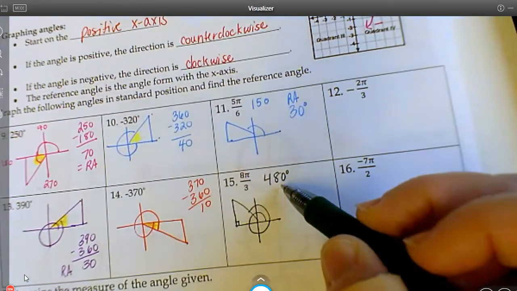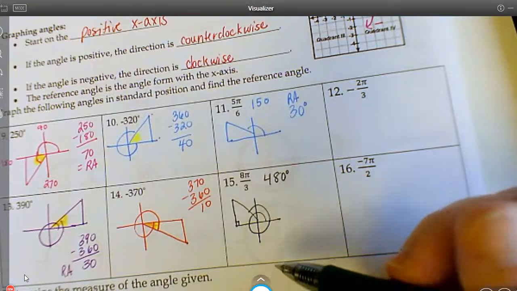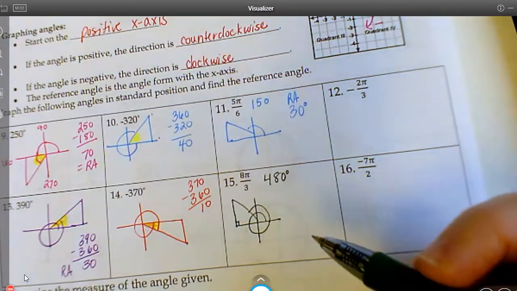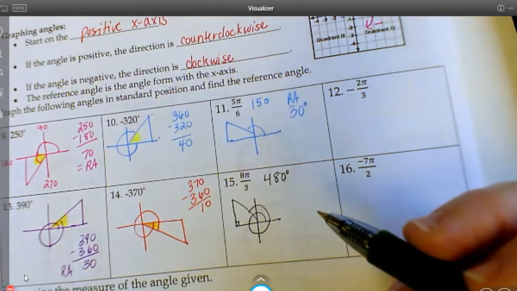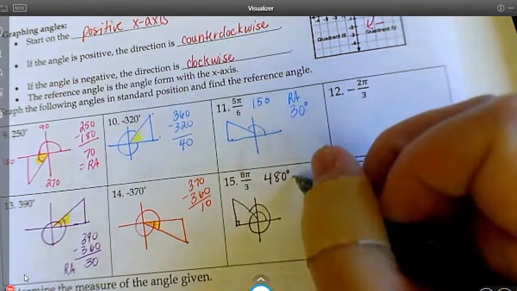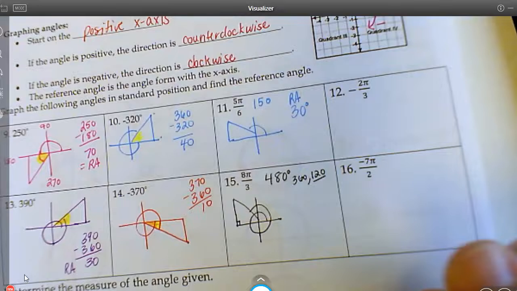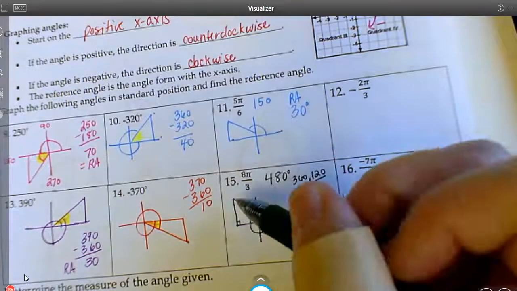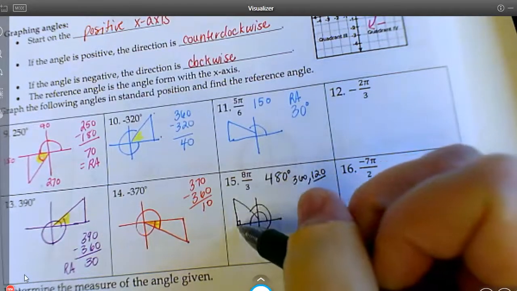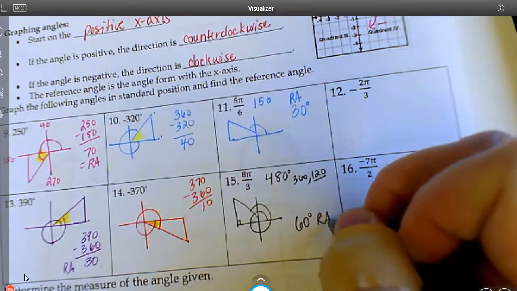Some of you wanted to subtract like 480 minus something. You can't do it that way because 480 was more than 360. Think about how much extra you went from the 360. We actually went 360 and then we went 120. So 120 is where I am right now. So I'm going to take 120 minus 180 and get 60 for my reference angle.